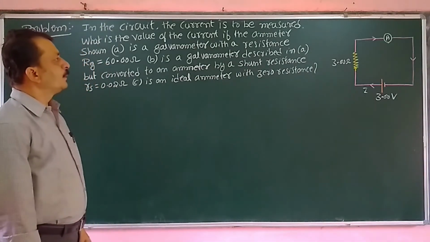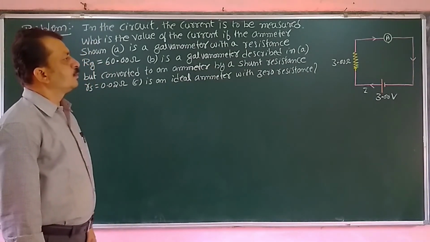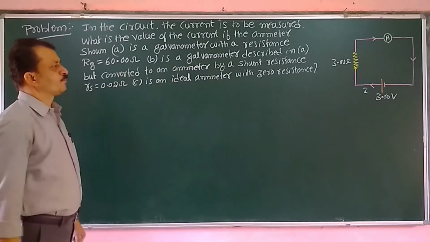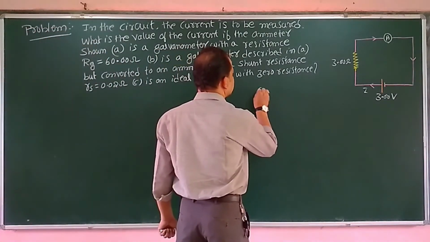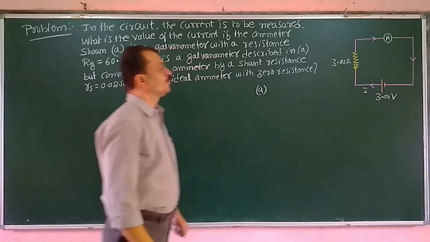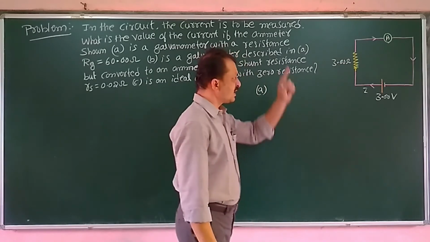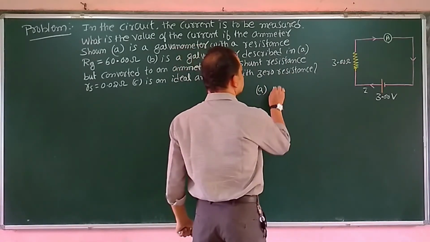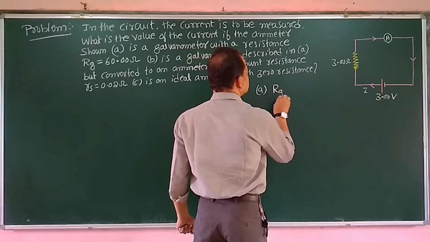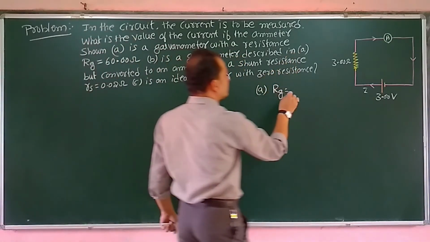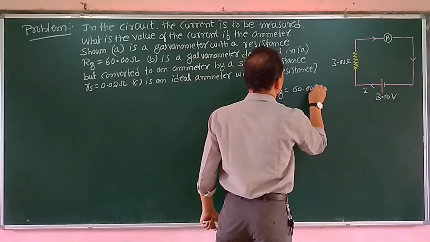Let me study case by case. Now first case A. In the first case, this is a galvanometer of internal resistance Rg equal to 60 ohms.